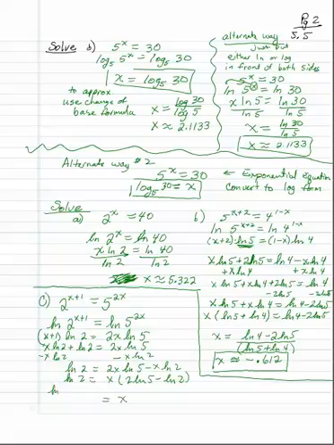So we get ln 2 divided by the parenthesis 2 ln 5 minus ln 2. And punch that in your calculator, and x is going to be about 0.274. Okay, so again, this is the exact answer.